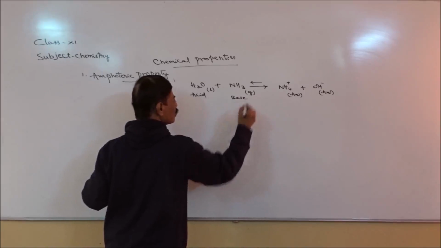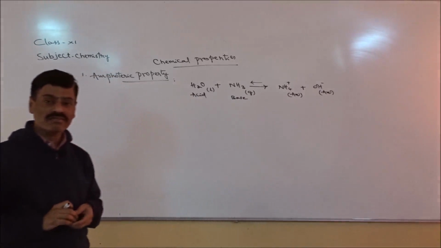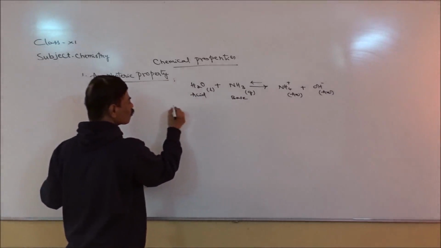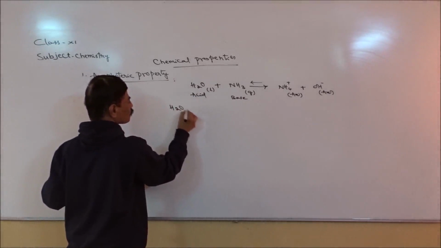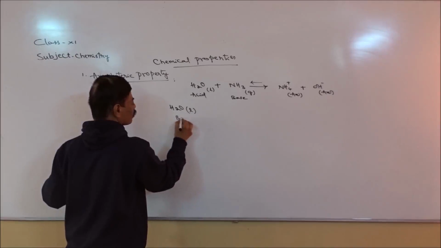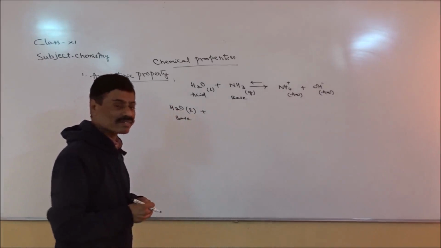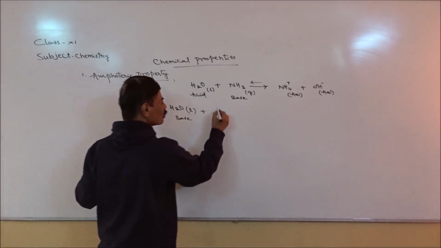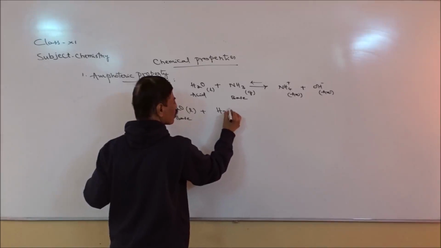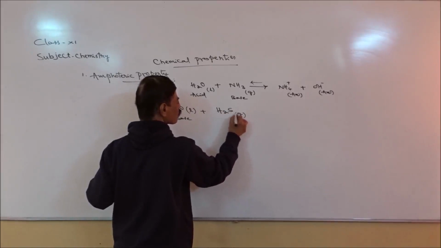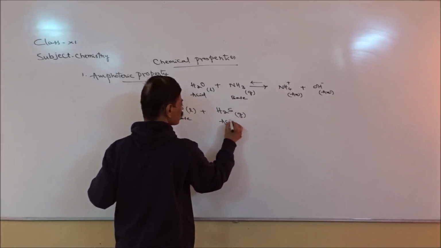Now let us see the other example where water is going to act as base. That means there must be a substance which acts as acid with water. That is hydrogen sulfide, a gaseous substance. This acts as acid.